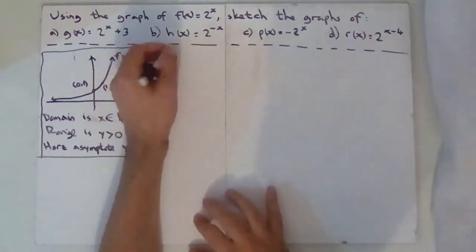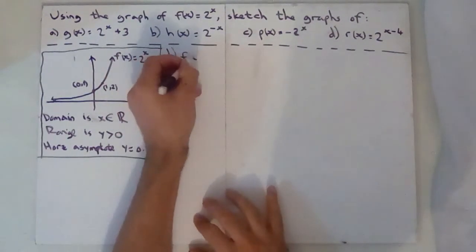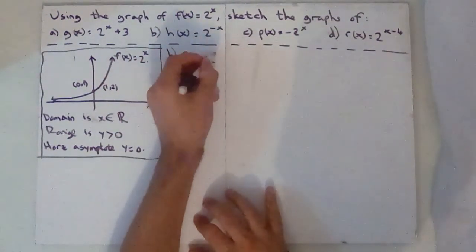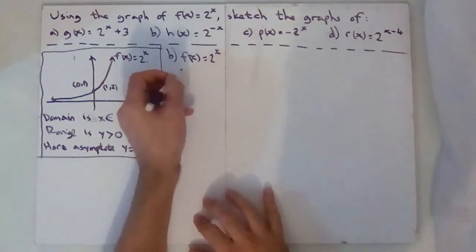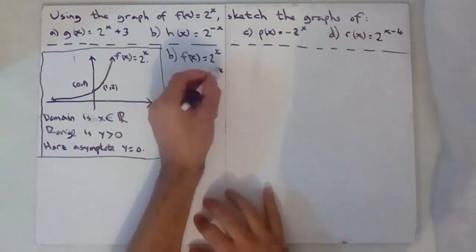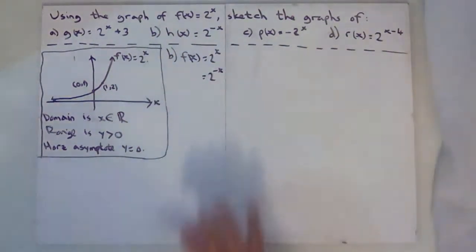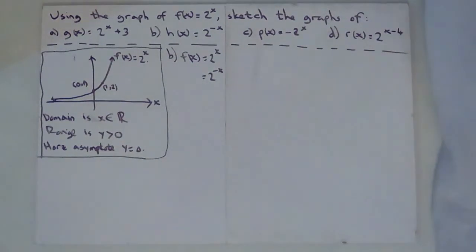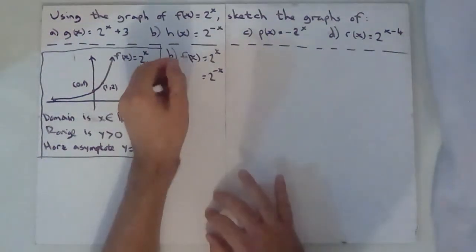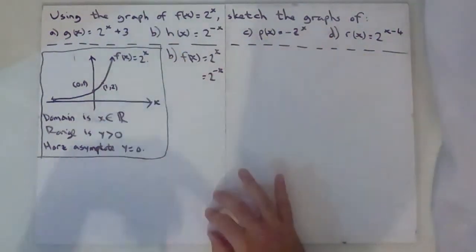So if f(x) = 2^x, then for 2^(-x), think of the function as taking 2 and raising it to the power of the input. If we raise it to the negative power of the input, that means we're multiplying the input by minus 1 before we put it in.